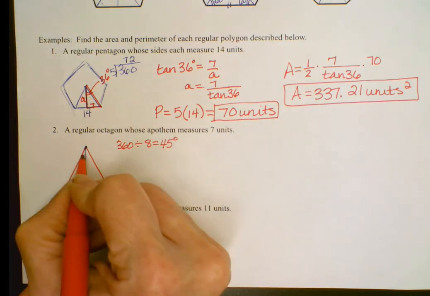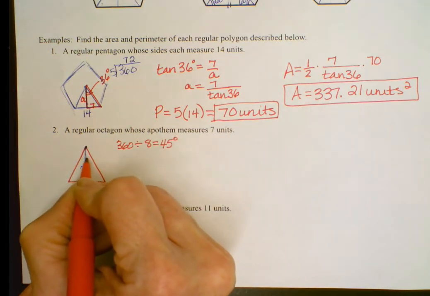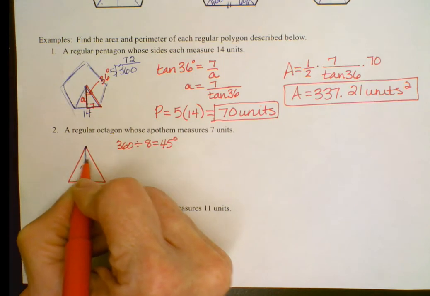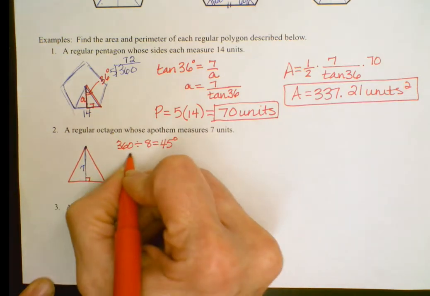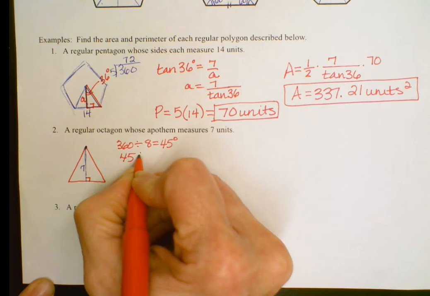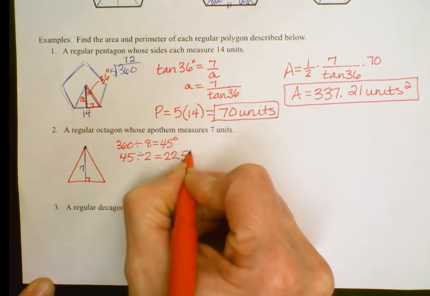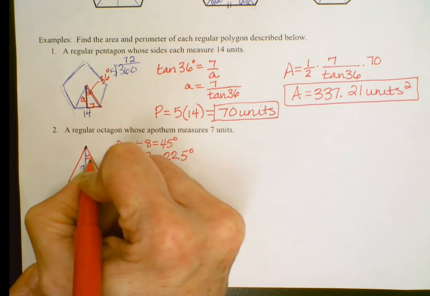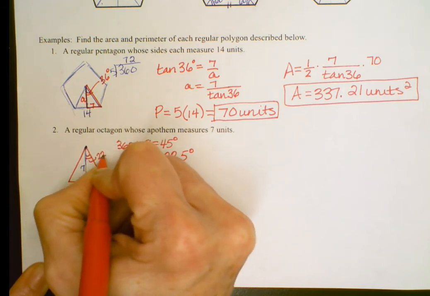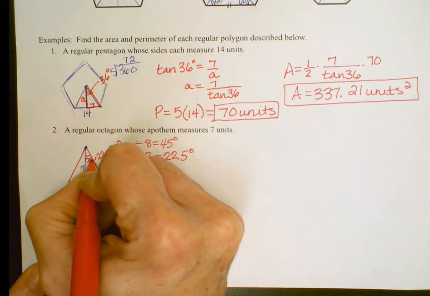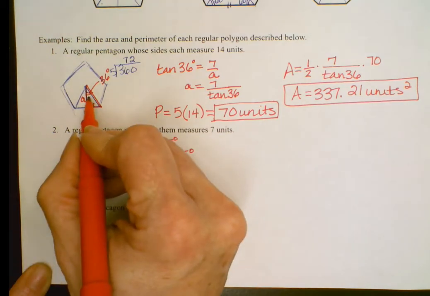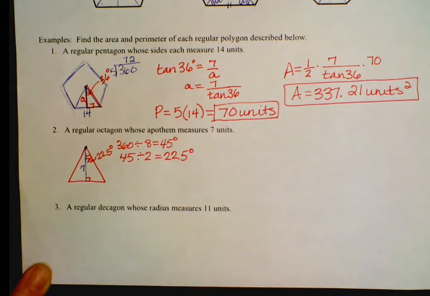Keep in mind that that 45-degree angle is all the way from one radius to the other. I want half of that, so 45 divided by 2, 22.5 degrees. And that 22.5-degree angle is what belongs here. Notice it's in the same position that we had the angle in the first one.